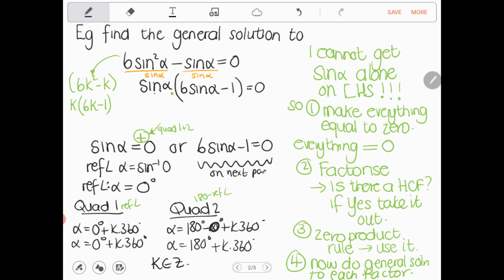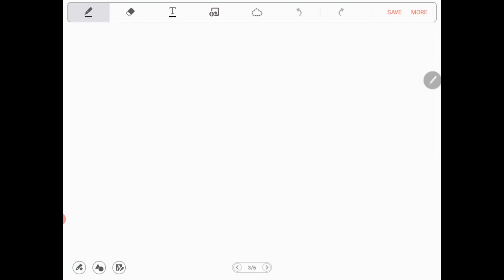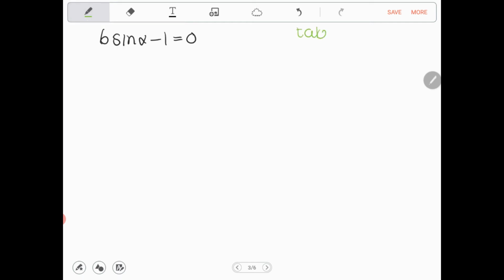All right, so I'm just moving to the next page quickly. And I'm going to take 6 sine alpha minus 1 is equal to 0. Take each factor, sorry, and solve separately. Okay, so now this is the second factor, done the first one. So now we have to go through that whole thing.